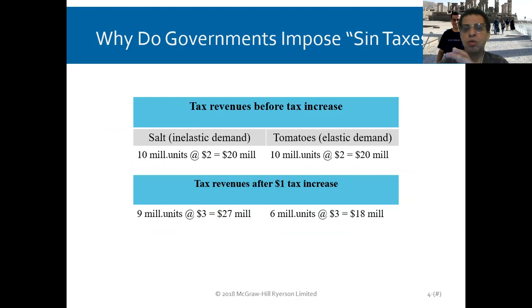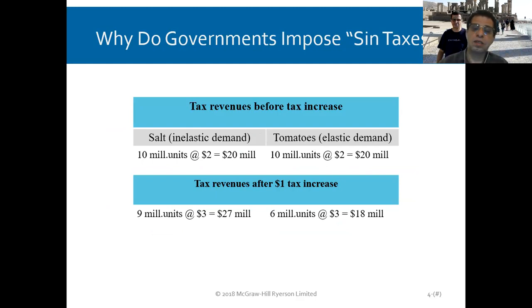Now, why do governments once again impose a sin tax? Let's say that salt is inelastic. No matter how the price changes, you still buy the salt, and your reduction is not much. If you want to replace it with alcohol or cigarettes, if you understand better, go ahead.